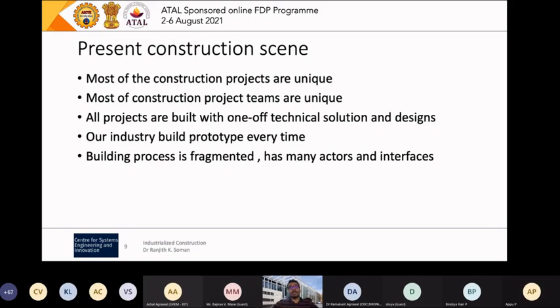In a major project, there would be the client, a project management consultancy, the architect, then a whole suite of designers for structural, architectural, mechanical, electrical, and plumbing. Then there are contractors and a lot of subcontractors who construct the building, and a lot of admin associated with it. So in construction, we have to organize around a lot of stakeholders who may or may not have worked together previously.